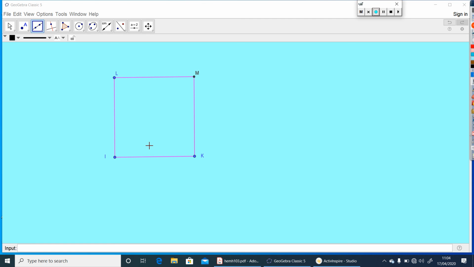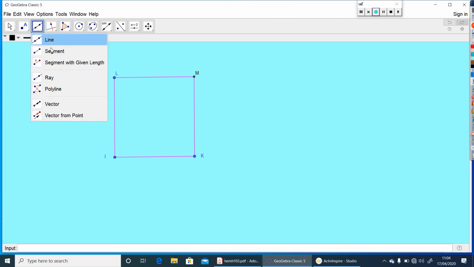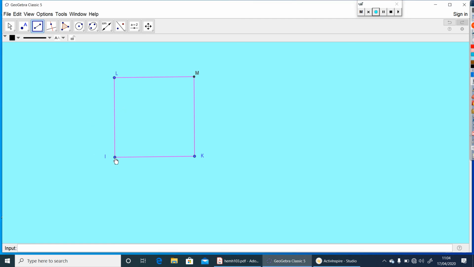Now let me draw its diagonals. That is IM and KL. Now let both the diagonals intersect at N. Now you know, since a square is a rectangle, the diagonals are equal and the diagonals bisect each other.